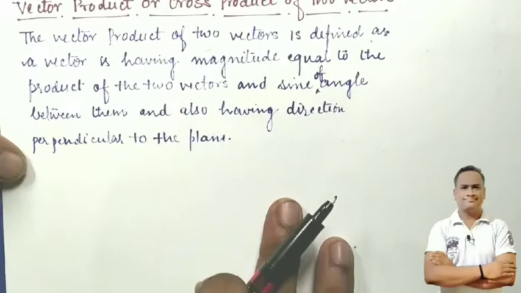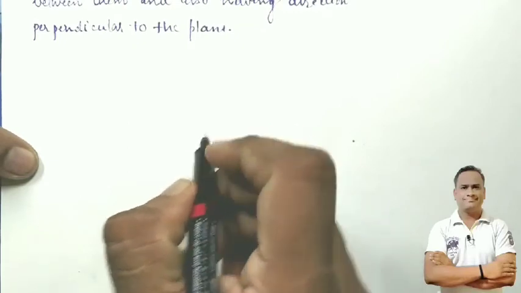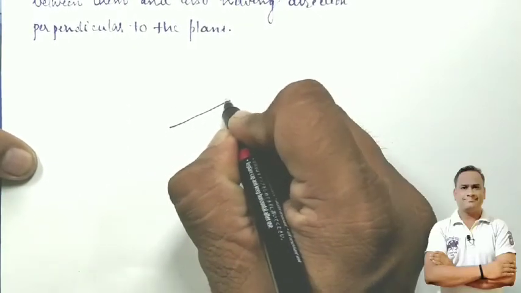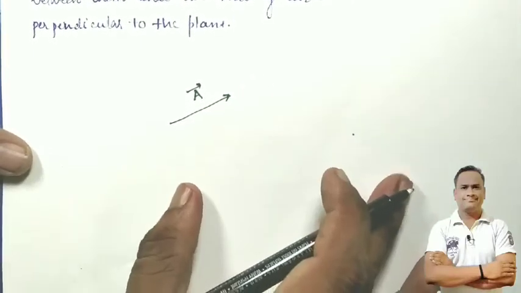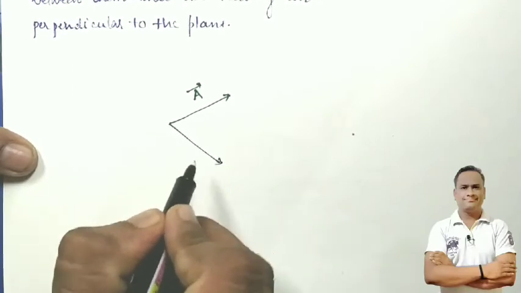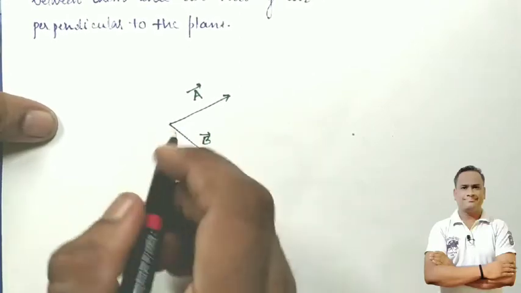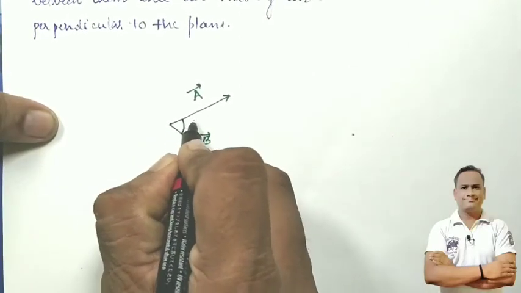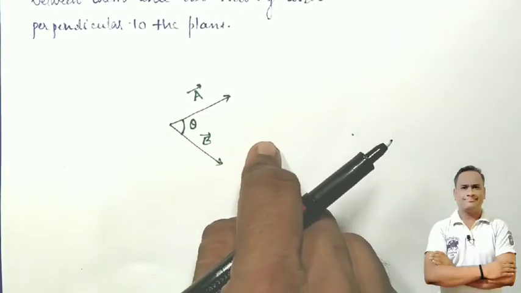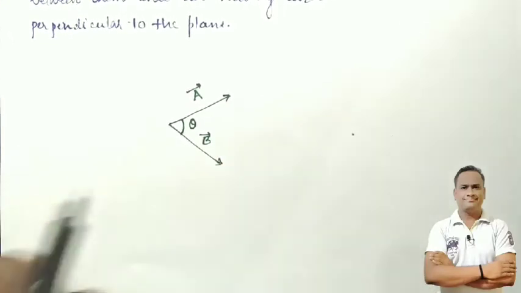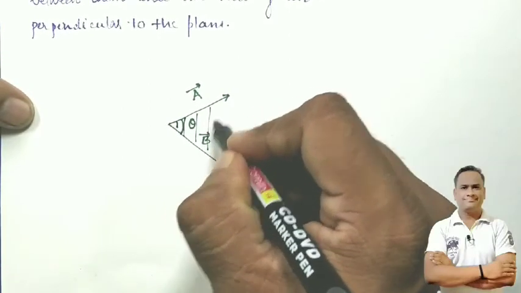So let us discuss with the help of an example, students. Let us suppose this is the first vector, vector A, and this is the second vector, vector B. These two vectors A and B are given as such, and this is the angle theta between them. Here you can easily see that the blue lines form a plane.